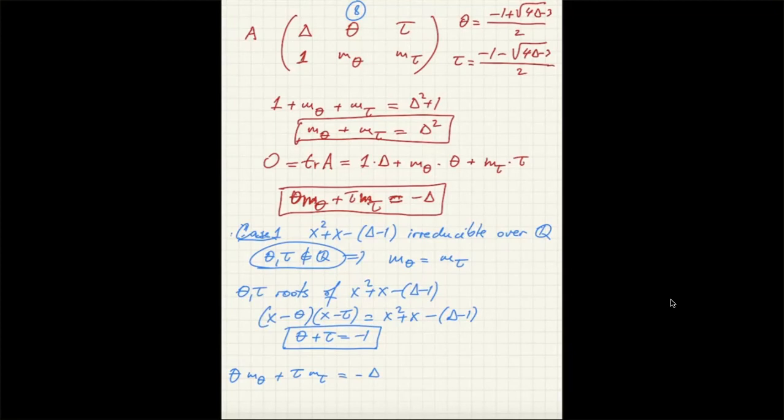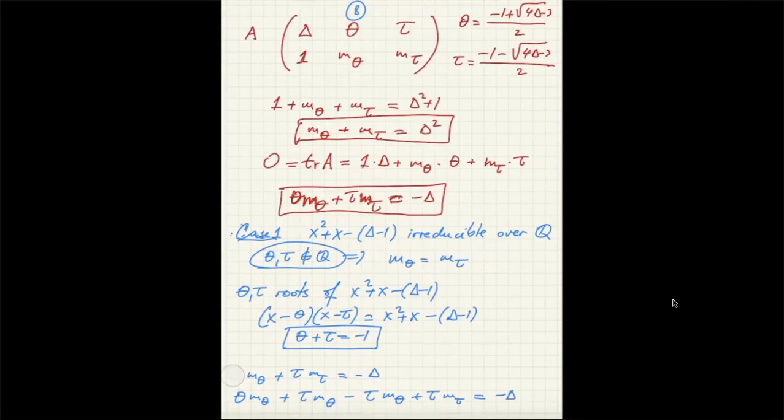and I can do theta m theta, I add a tau m theta, and then I subtract a tau m theta, plus tau m tau equals minus delta. Okay, so far so good.